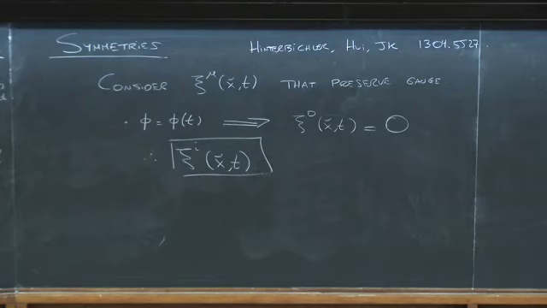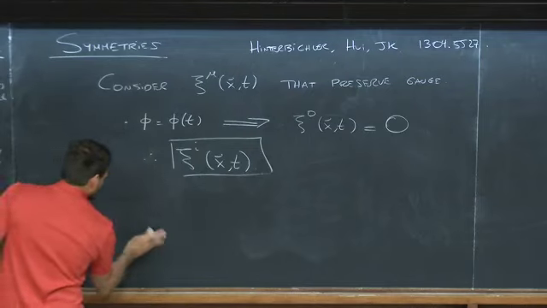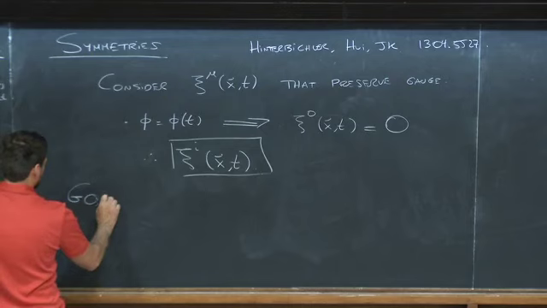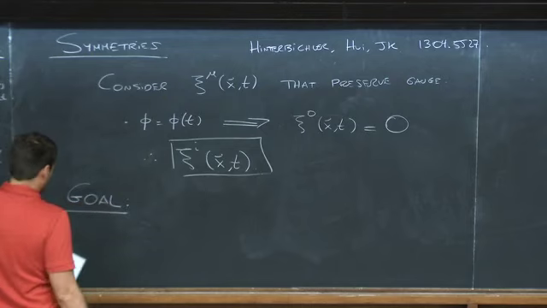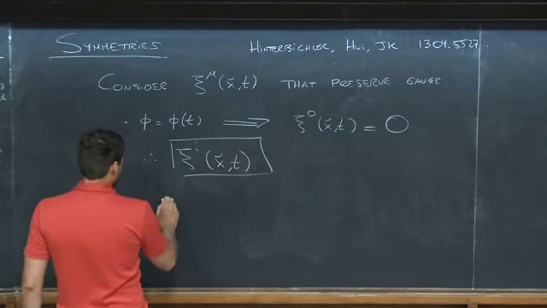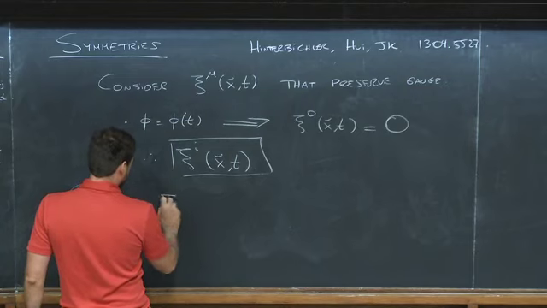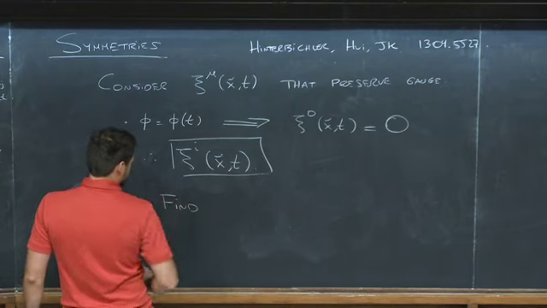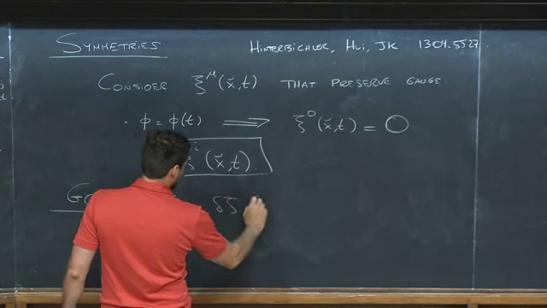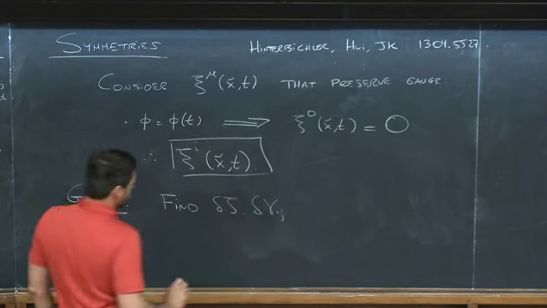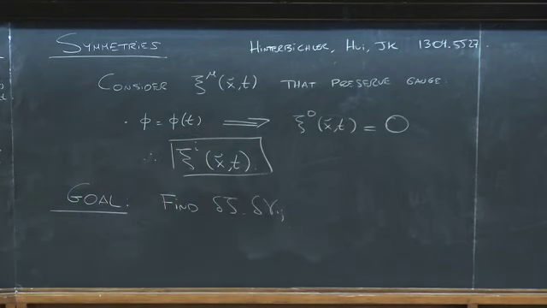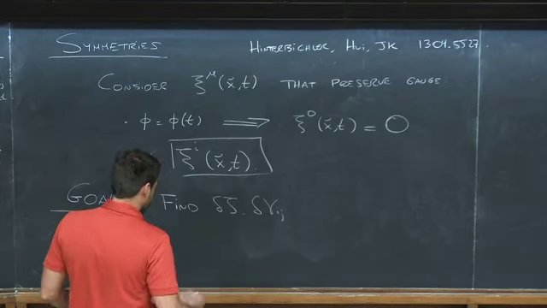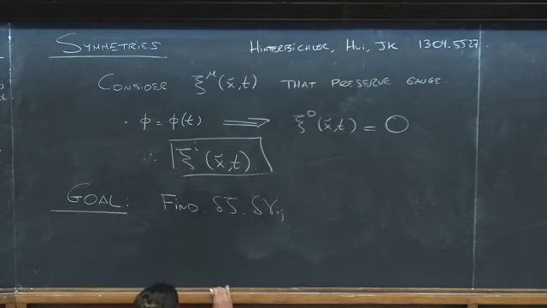And so the goal is the following. If we manage to find field variations, specifically delta zeta and delta gamma_ij, such that these mimic a diffeomorphism, then this will be manifestly a symmetry of the theory.